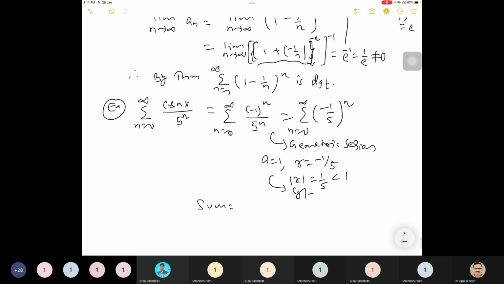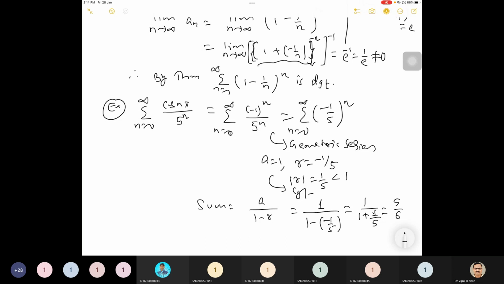And you can find the sum also. a upon 1 minus r. So 1 upon 1 minus minus 1 by 5. So 1 over 1 plus 1 by 5, which is 5 by 6. Understood? Yes. Okay, fine.